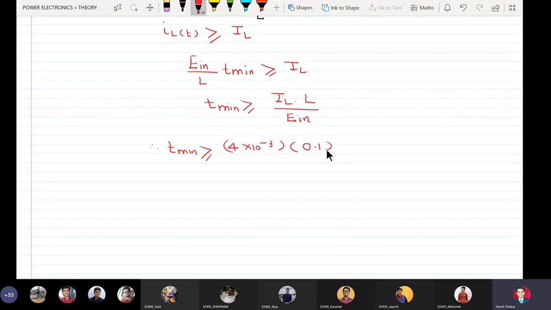L is 0.1 henries upon 200. Therefore, T min should be greater than or equal to 2 microseconds.